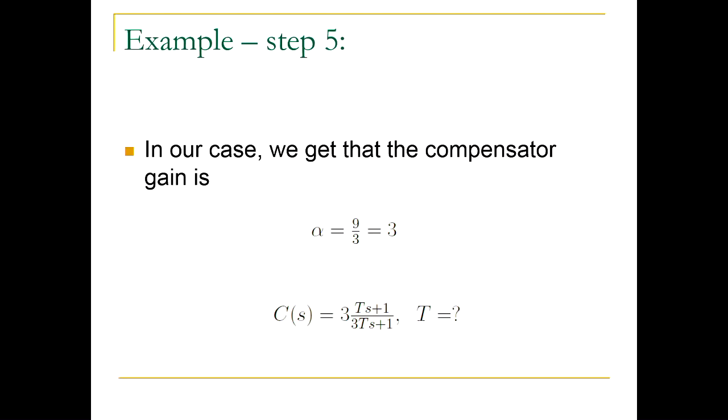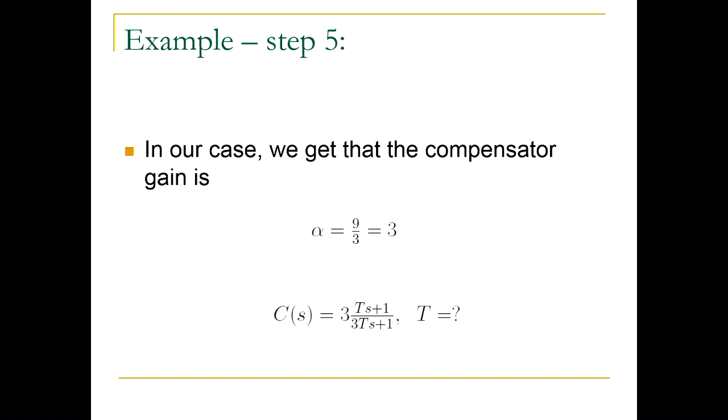So alpha should be 9. 9 is the amount of gain that ticked off our steady state error requirements, and this 3 was the amount of gain that we required to shift down the plot to get a new crossover frequency where we have enough phase. So we divide the two and we get alpha equal to 3.